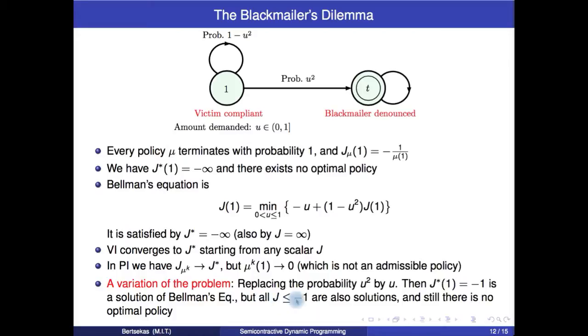All scalars less than or equal to minus 1 are also solutions, including the optimal cost. So we have an infinity of solutions of Bellman's equation. There are also some other variations of this problem that have interesting behavior, and you can look them up in the readings. It's sort of an interesting example, but for the moment we leave it at that.